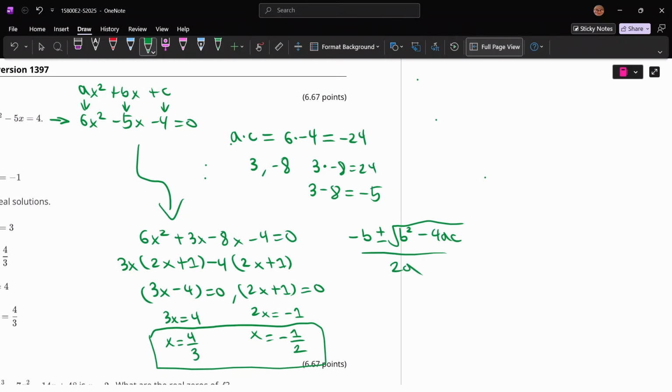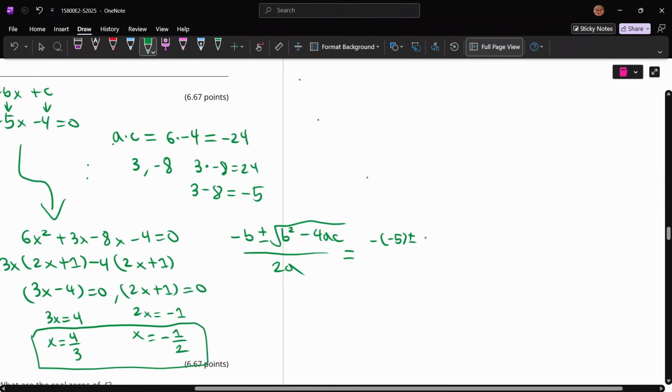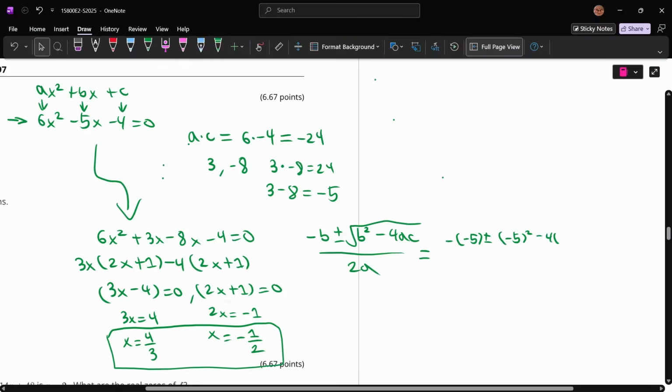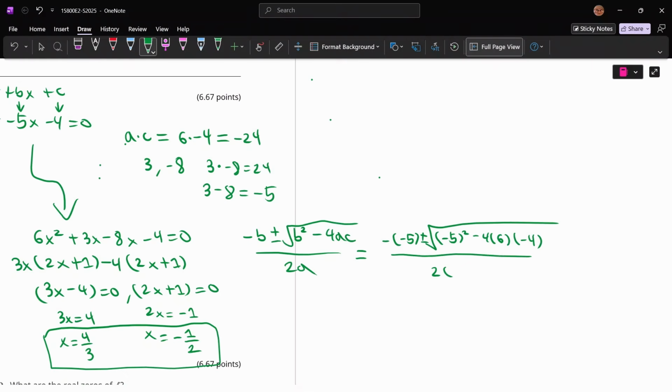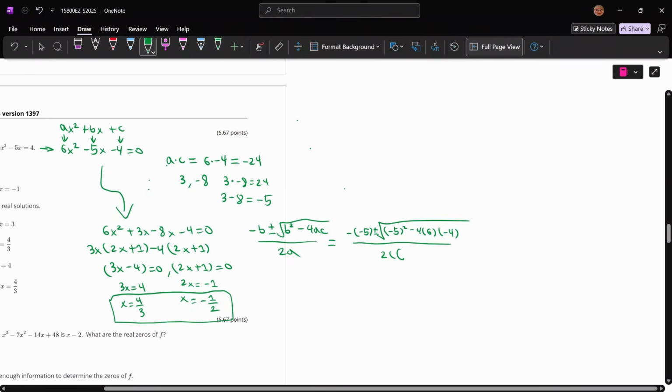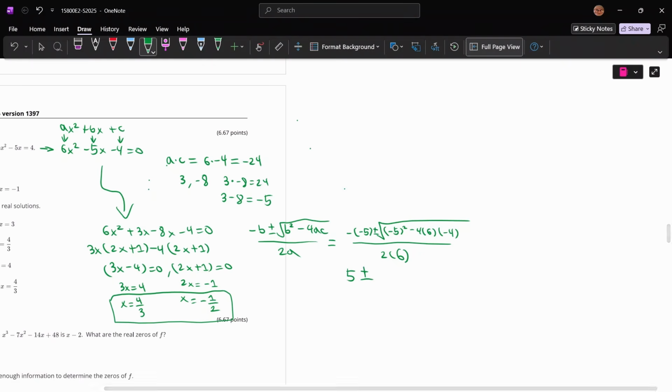We know that a is going to be 6, b is going to be negative 5, and c is going to be negative 4, so this would turn into negative negative 5 plus or minus the square root of negative 5 squared minus 4 times 6 times negative 4, over 2 times 6. So simplifying this, we end up with positive 5 plus or minus the square root of 25.